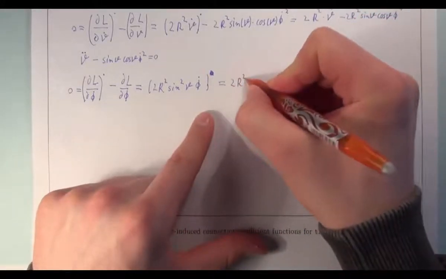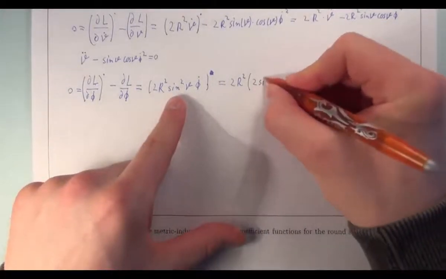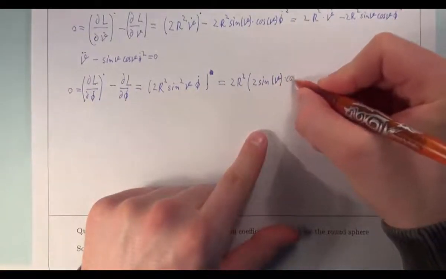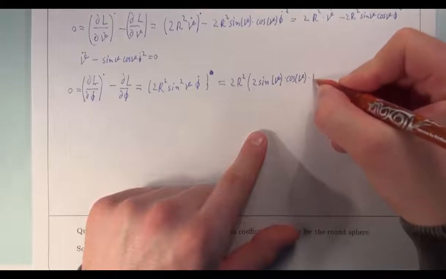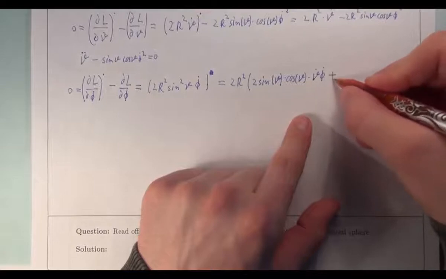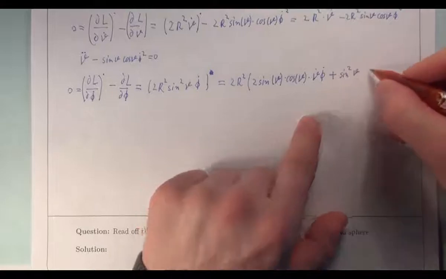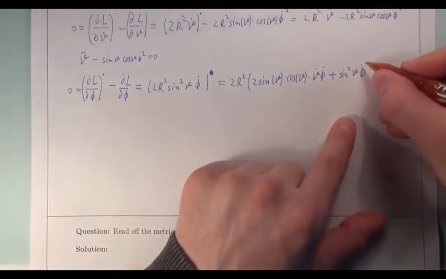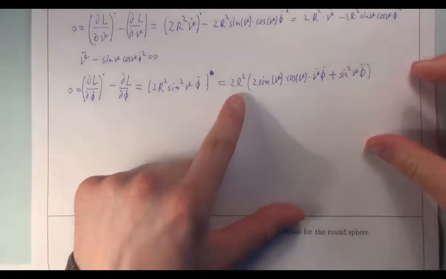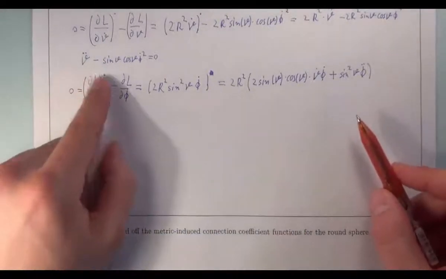It's 2 times r squared, bracket, 2 times sine of theta times cosine of theta times theta dot times phi dot plus the other term, sine squared of theta times phi double dot. I also can divide this by 2 r squared and bring it in the same form as this equation.